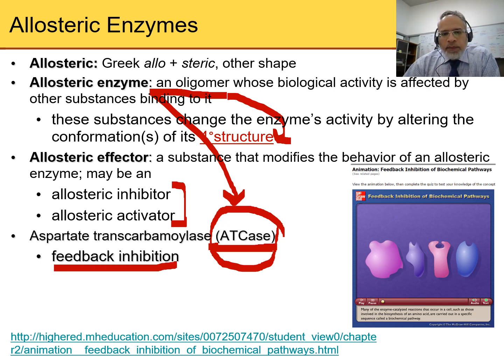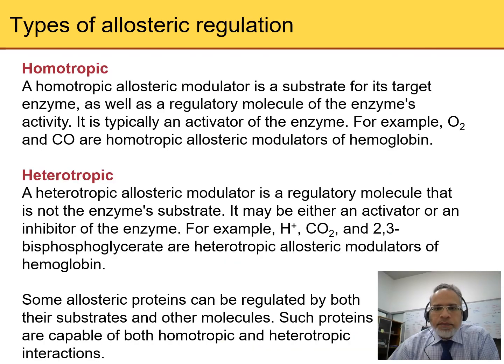So the pathway is controlled by this mechanism called feedback inhibition, in which ATCase is used as a main enzyme, which is regulated by allosteric regulation. And we talked about feedback inhibition a lot, so please take a look at this link, which shows this video here, and you'll see what the point of feedback inhibition is.